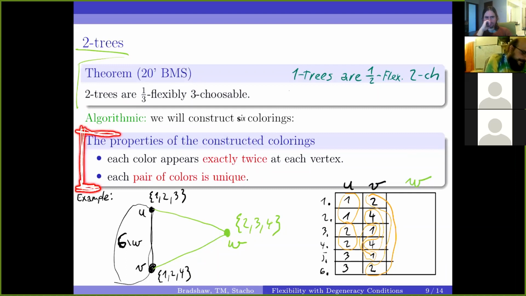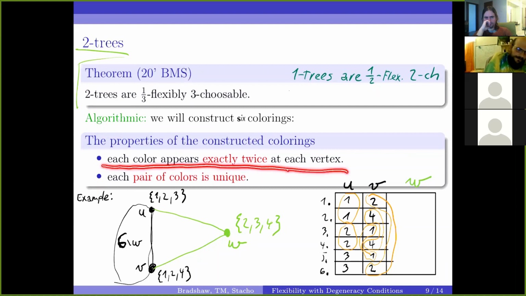Those 2 properties are good for the induction, but the first property, which says that each color appears exactly twice at each vertex, is also useful for the result itself, because if we build 6 colorings with this property, then we know that each vertex has each color exactly twice there.